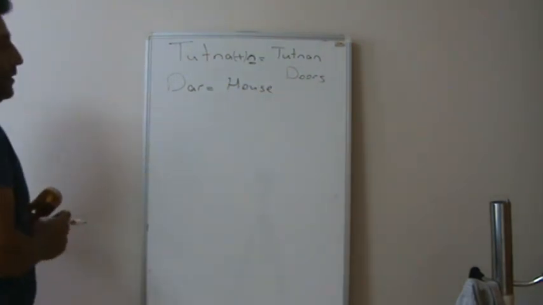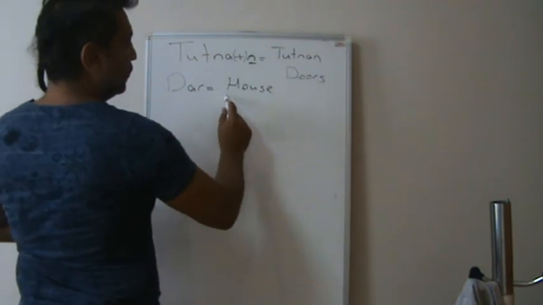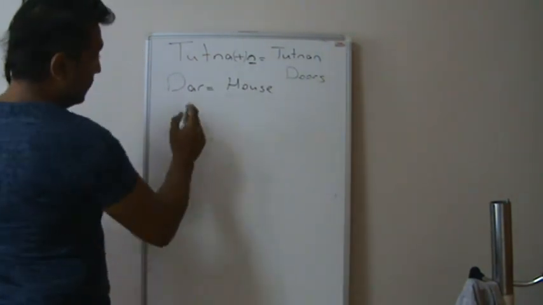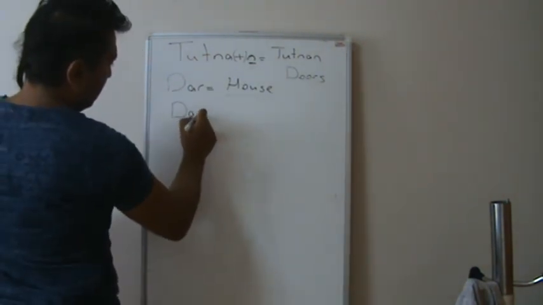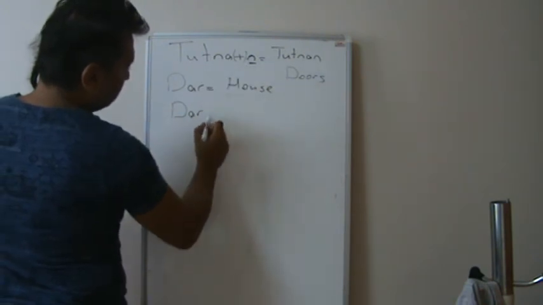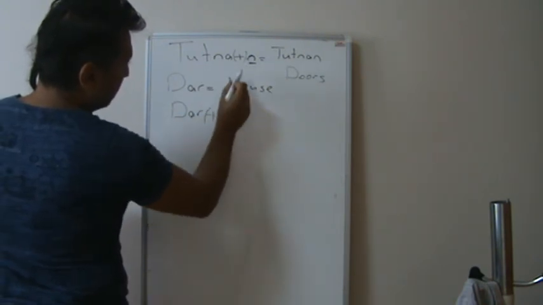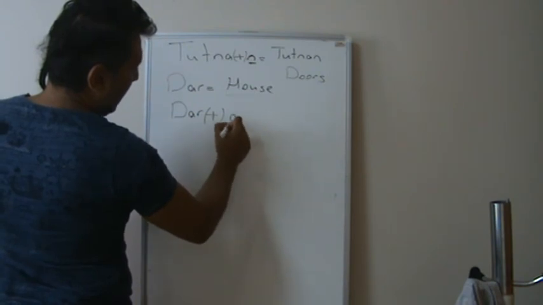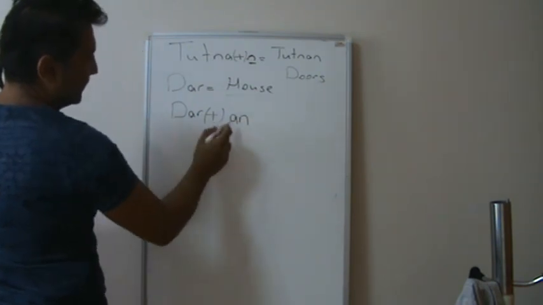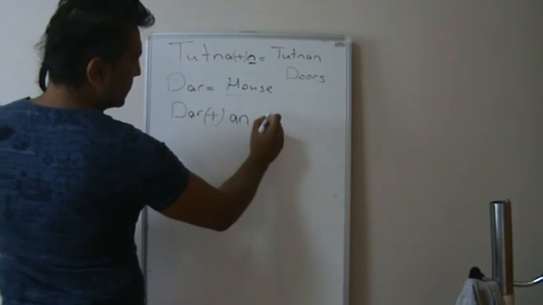So if you want to make it plural, houses, we need to add an: daran, houses.